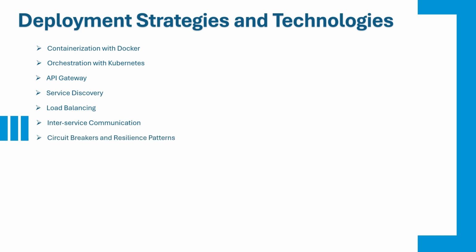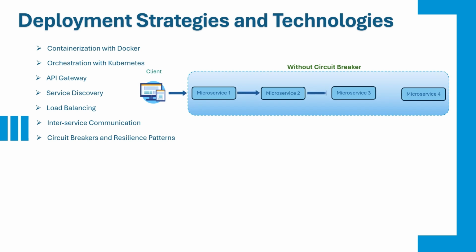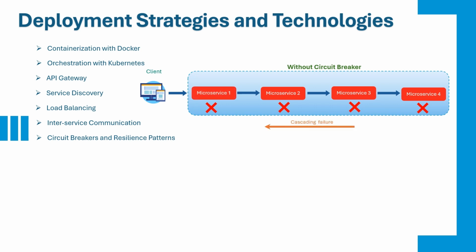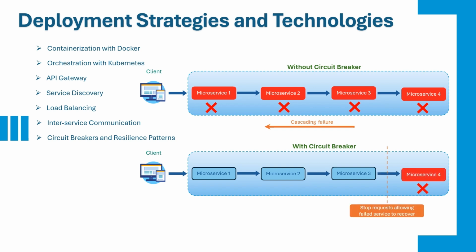Circuit breakers and resilience patterns. Circuit breakers are a vital resilience pattern in microservices architecture, designed to prevent cascading failures across services. In a scenario without a circuit breaker, a failure in one service can propagate backwards, potentially causing other dependent services to fail as well. However, with a circuit breaker in place, the system detects when a service is failing and automatically stops further requests to that service.